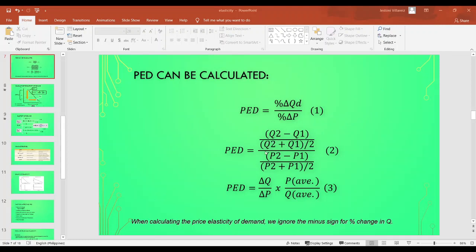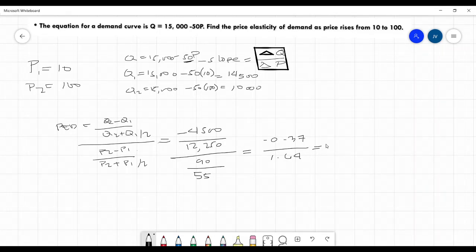If you're also following, check na lang ha kung tama ang answer. 90 divided by 55, it's 1.64. Oops, sorry. There.